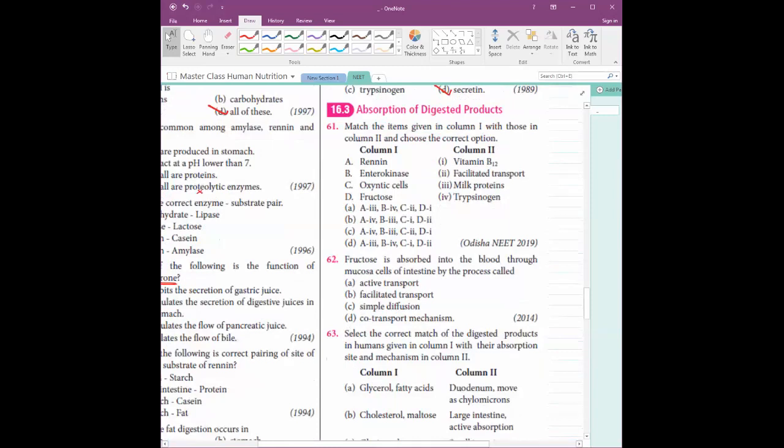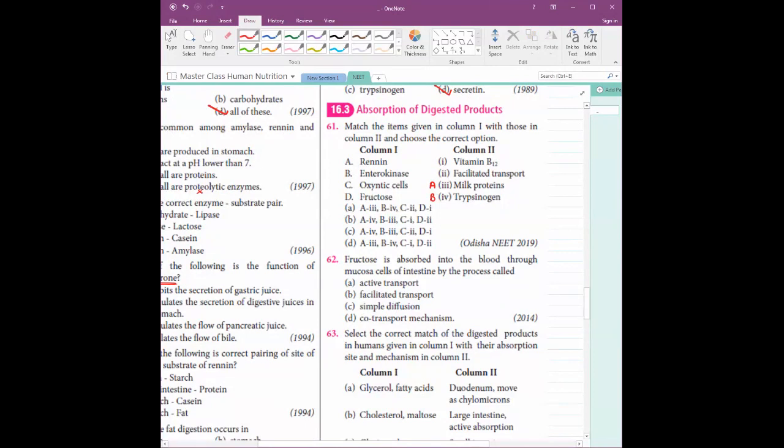Renin, what is it going to act upon, guys? Be quick. Renin, yes, it is going to be milk proteins. Enterokinase, guys, trypsinogen. Oxyntic cells, guys, it is going to help in vitamin B12.